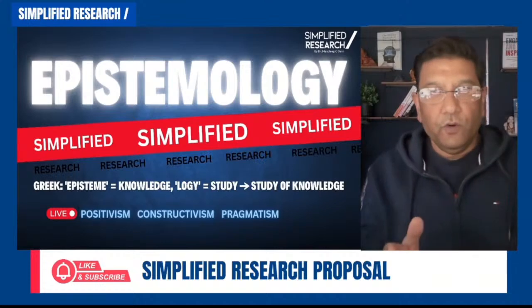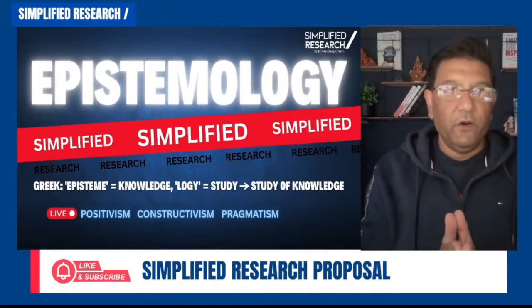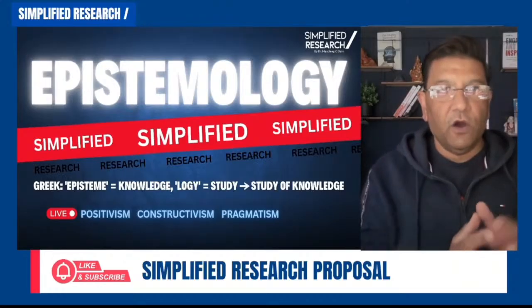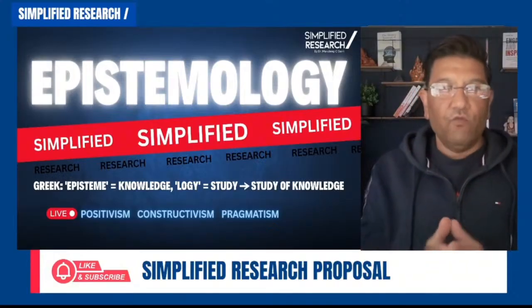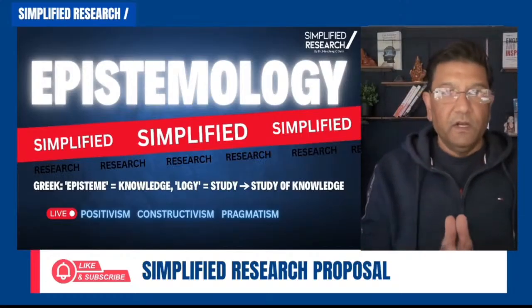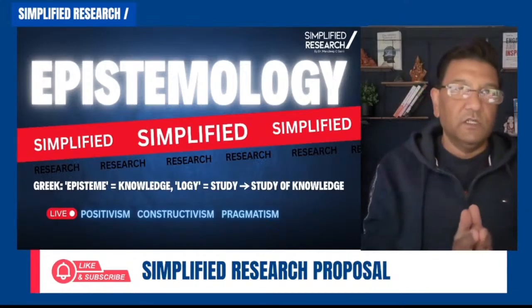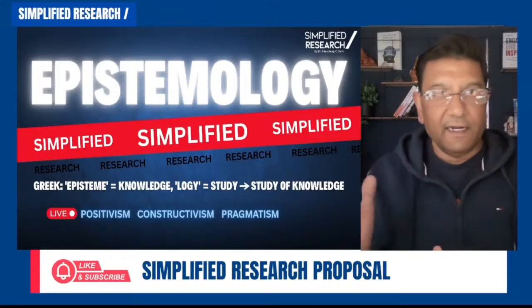Now, if you are on this video, which is possible, you might be looking for the meanings of research philosophy, ontology, epistemology, and axiology, and why all those heavy words are there. Now, as I mentioned in the philosophy video, those words either come from Greek or come from Latin.